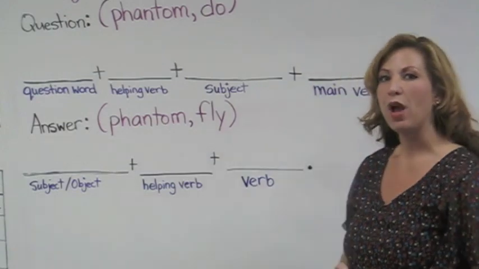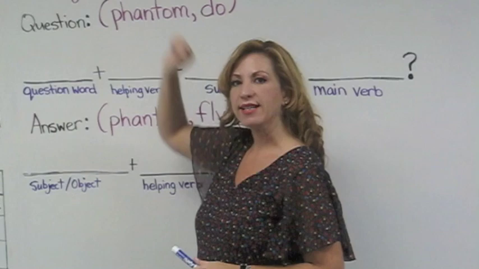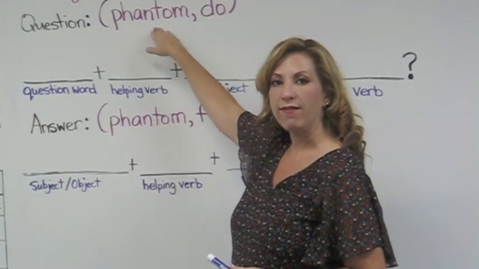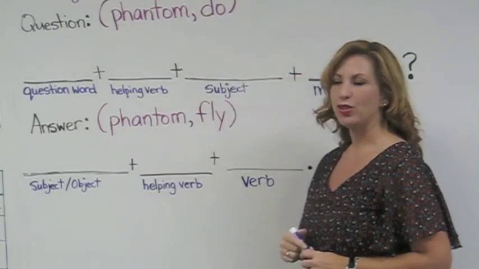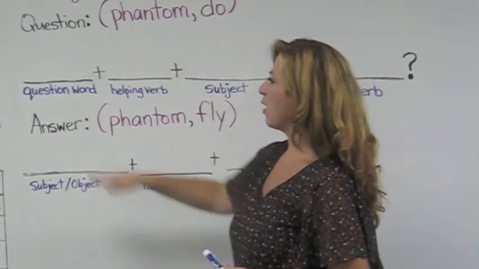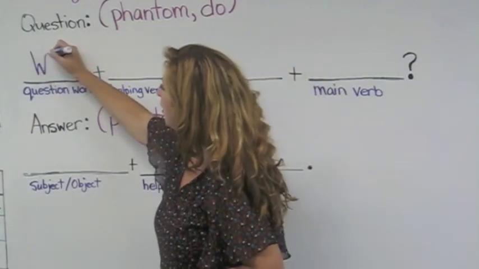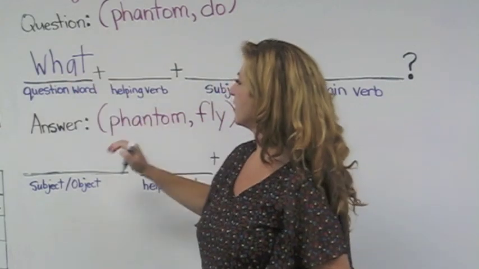Now we're going to do problem 2. Problem 2 is in the progressive tense, and our subject is going to be a phantom, and our verb is going to be to do. So let's begin with our question word. What?